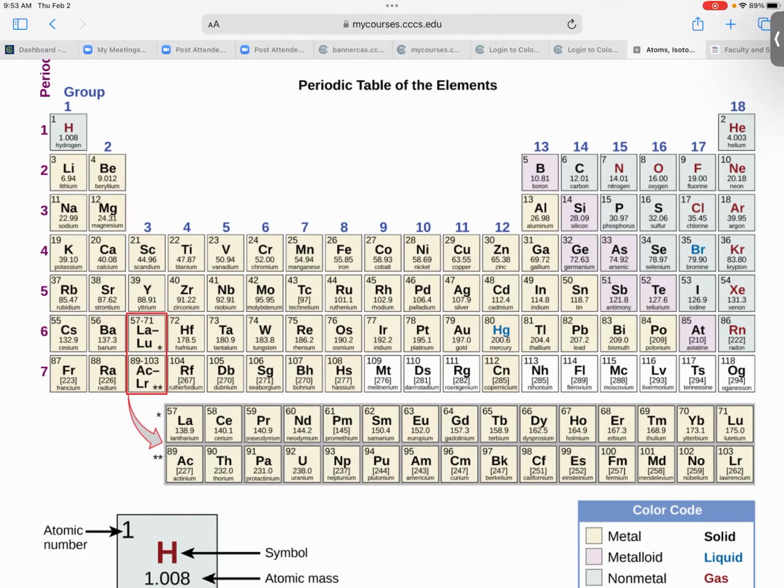Highest electronegativity would be the furthest up and over, fluorine, right? Who has the lowest electronegativity? Helium. Yeah, that one, francium, right? Because you're all the way to the left and down, francium.